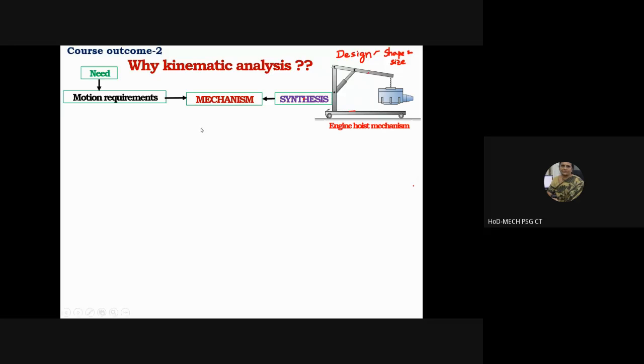So now I suppose you understand that in synthesis of a mechanism, we take care of the motion coordination between different links. For example, there may be a requirement that when the input link in a four bar mechanism moves through 30 degrees in the clockwise direction, the output link should move through 15 degrees in the clockwise direction. That could be a requirement.